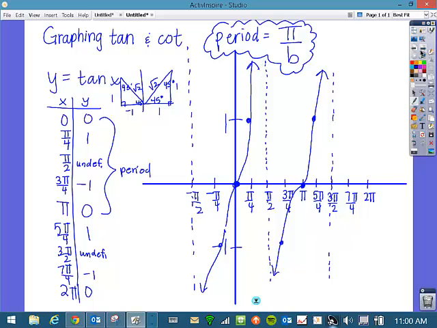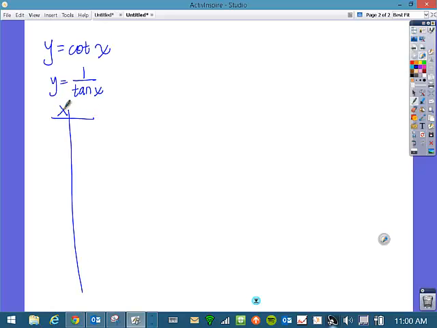Cotangent looks pretty similar, except your squiggles are just going to point in opposite directions. So let's graph our cotangent parent function. Y equals cotangent of x, which again, remember, is 1 over tangent of x. So you can use your tangent t-chart to help you create your cotangent t-chart. Tangent of 0 is 0, so cotangent of 0 would be undefined.